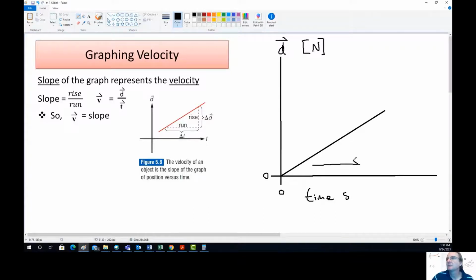So time is going from 0 and then 1 second, and it's always in seconds when we do this. You might have to convert stuff, because it might be given in kilometers per hour, and you have to convert it to meters per second. So in this way, it's a change in time, which is actually written delta t. That's just a fancy way of saying change in time.